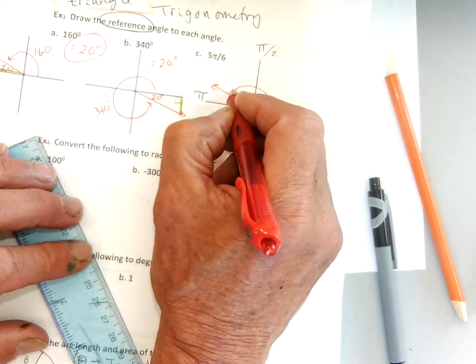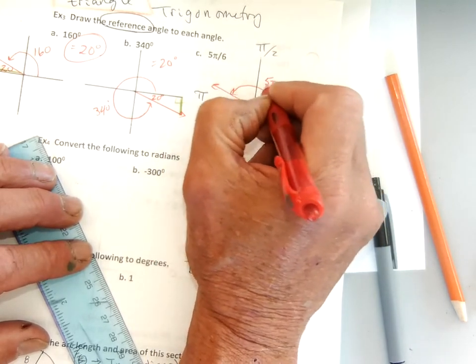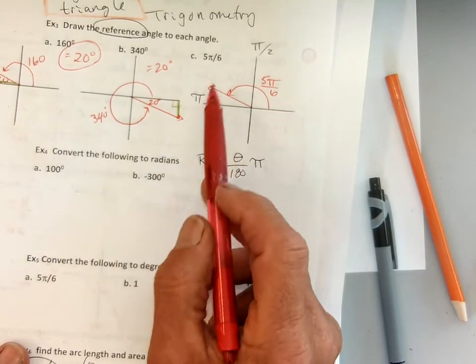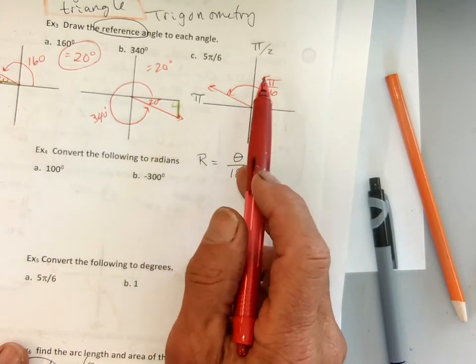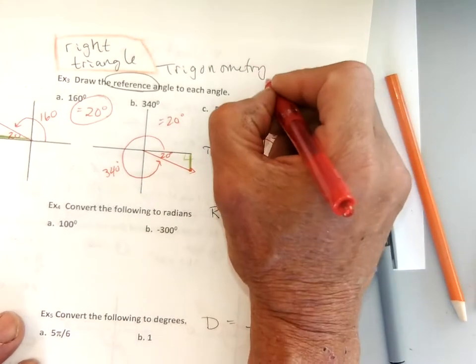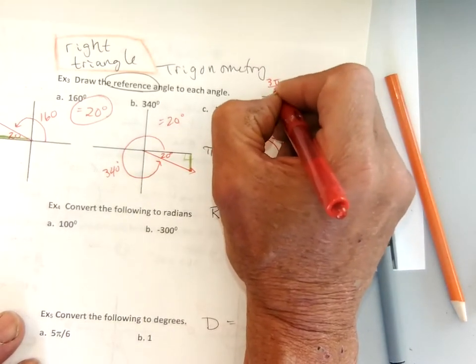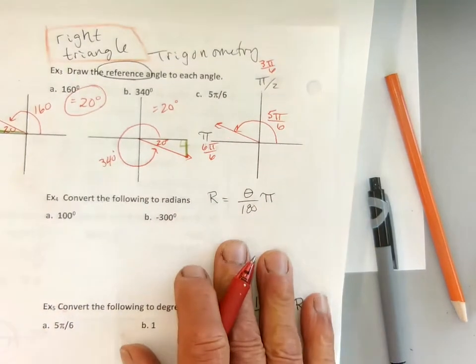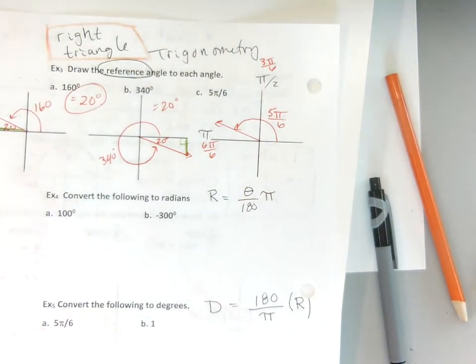I knew that it's less than pi, right? Now, I don't normally write like this, but 3 sixths and 1/2 are the same, and 6 sixths and pi are the same. So 5 pi over 6 has got to be right in here somewhere.